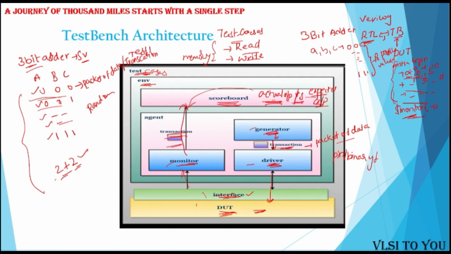You will have the test bench top here. In the top, you will just be instantiating everything, just like in Verilog you instantiate RTL and TB, you will be instantiating all these blocks within the test bench top. Clear? So this is about the test bench architecture.